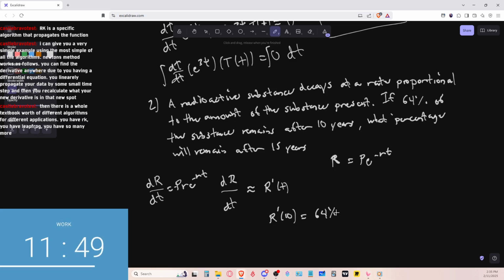You literally procreate your data by some small time step and then recalculate what your new derivative is in that new spot. Then there's a whole textbook worth of different algorithms for different applications. You have RK, you have Leapfrog, and you have so many more. Oh, okay. Interesting. Intriguing.